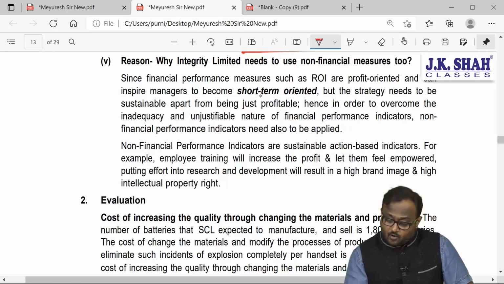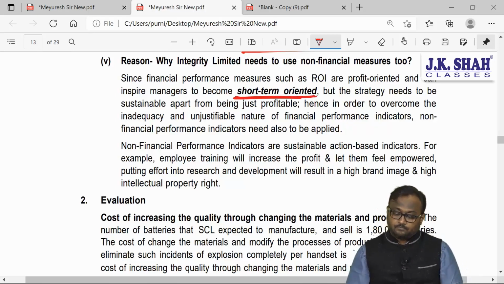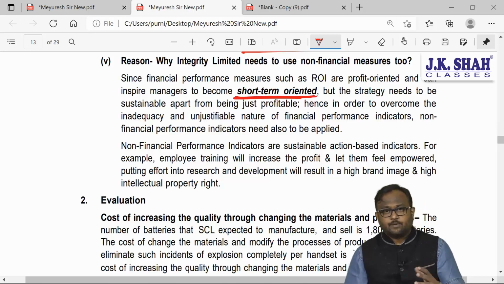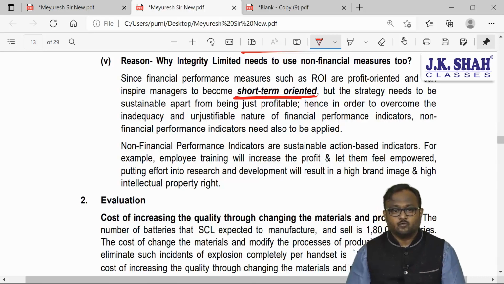And secondly, your profitability as an analysis will always be short term. I can anticipate some change that may take place in the future.